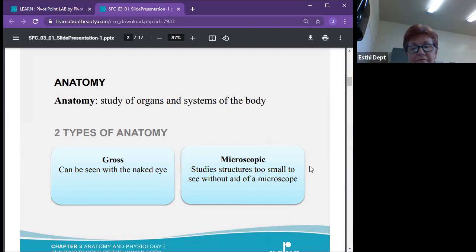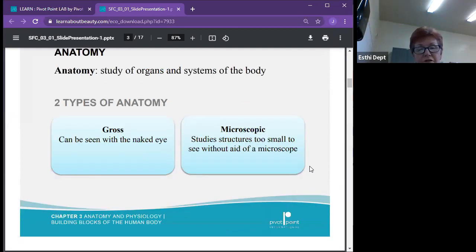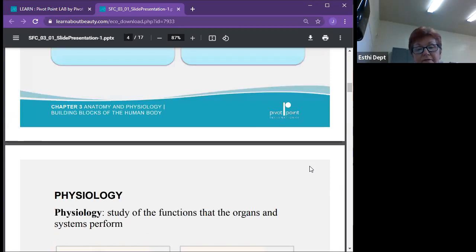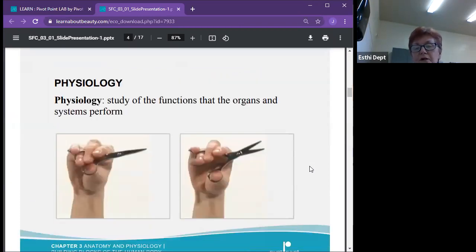Okay. All right. I'm going to turn that page and you should have physiology. How do I tell the difference between this and anatomy? Well, this one is the study of the functions that the organs and systems perform. I just think phonically, physiology and functions sound kind of the same.